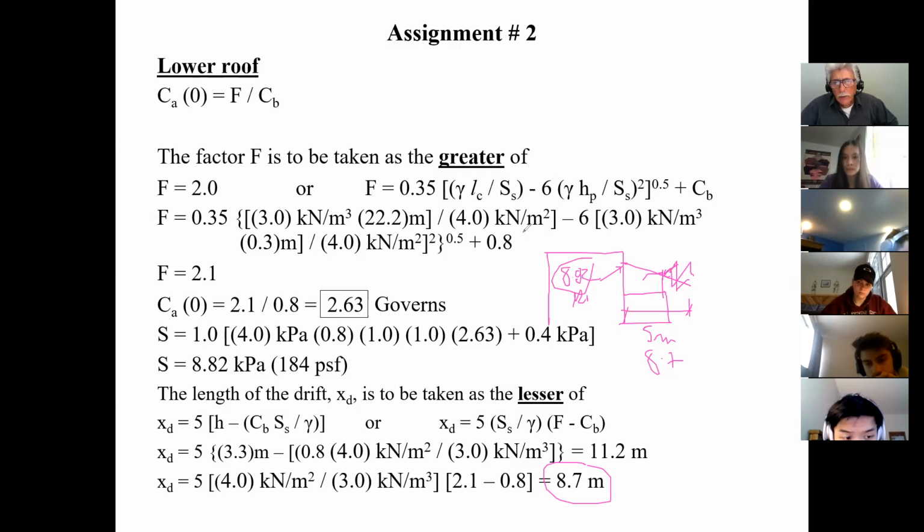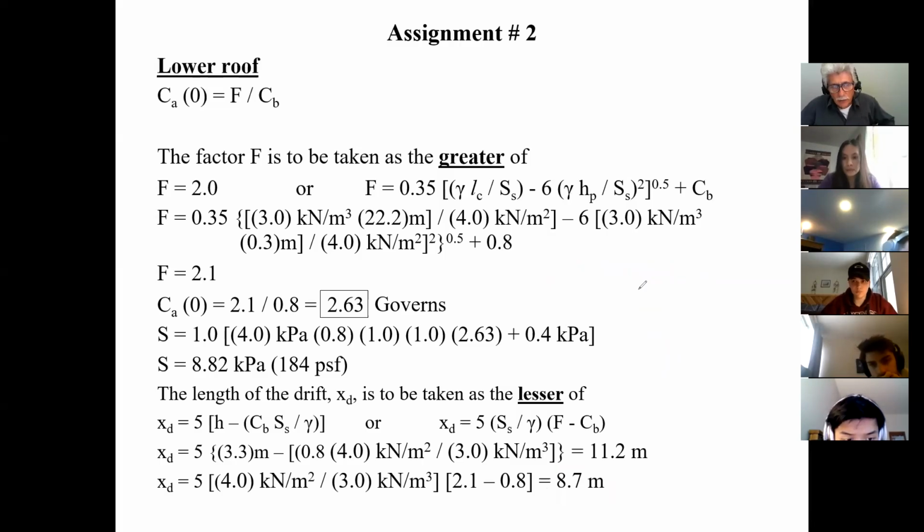Very good, Emmanuel, so keep that in mind. These are just ways of giving you values. Now in this case, we know our roof is more than 8.7 meters, and therefore that's the one that governs.